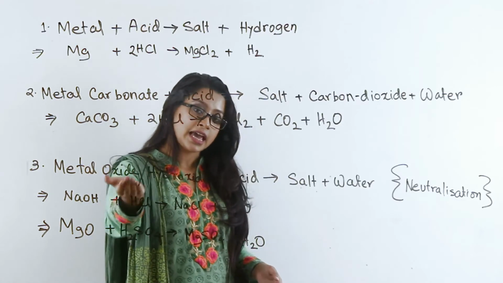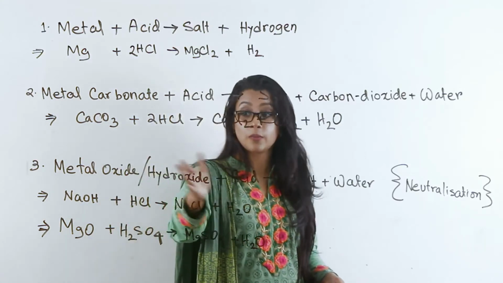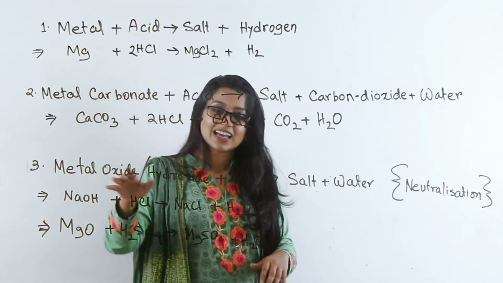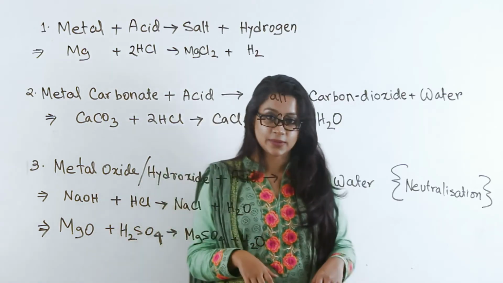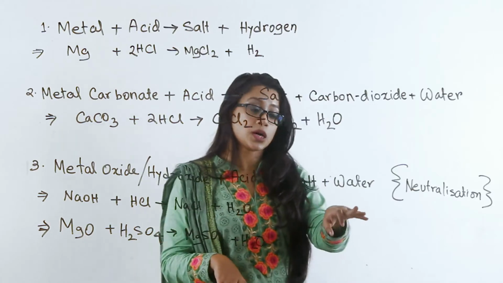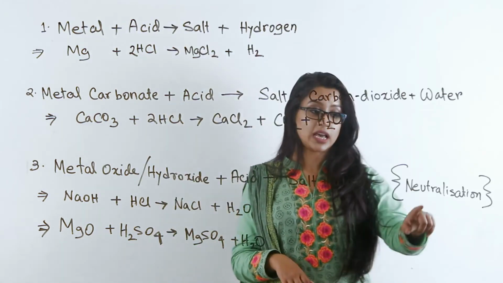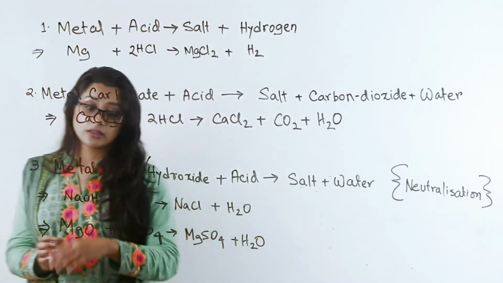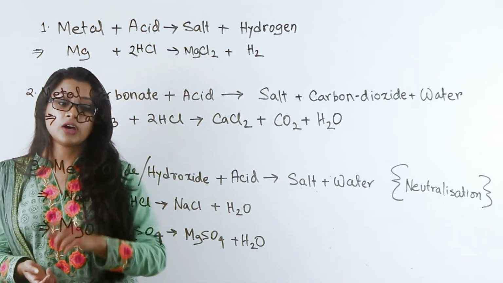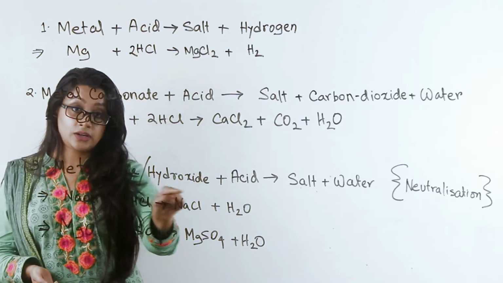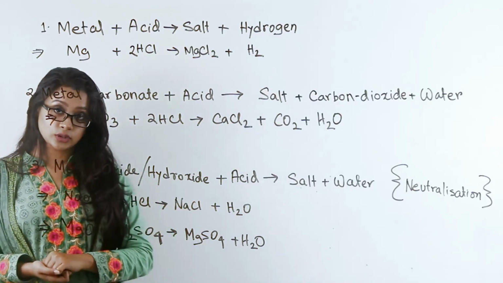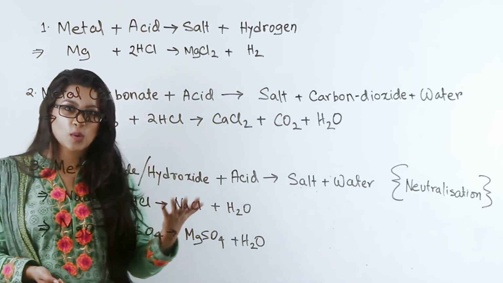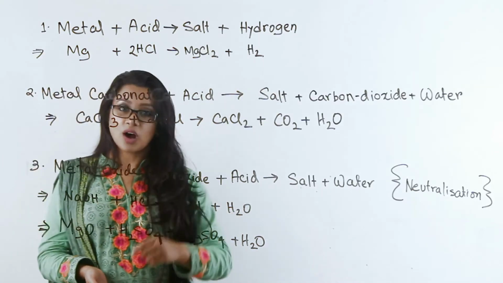So metal oxide or metal hydroxide, not together, reacts with acid to form salt and water. And this reaction is known as a neutralization reaction. As you can see in the chemical equation below, sodium hydroxide, which is a metal hydroxide, reacts with hydrochloric acid, forming sodium chloride, which is salt, our common table salt, and water.